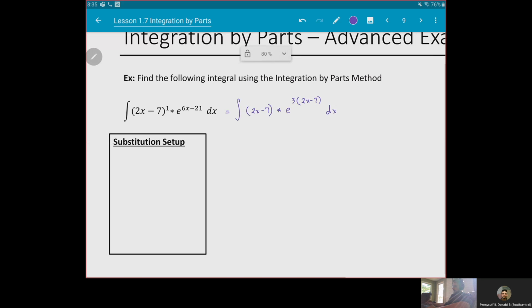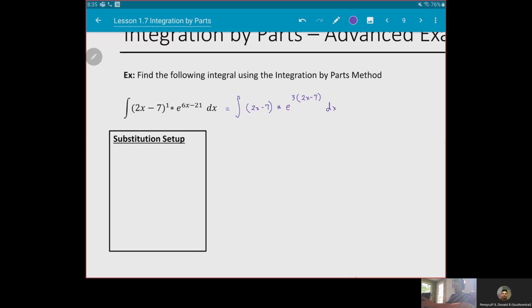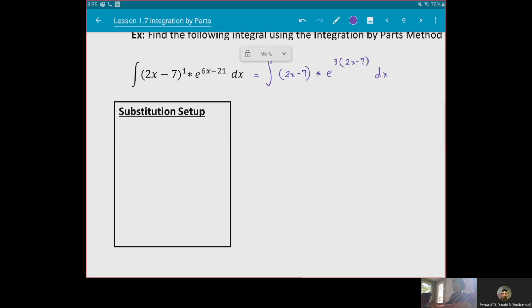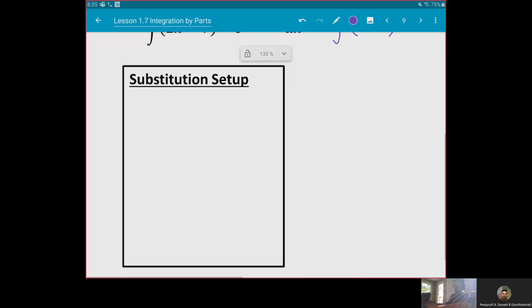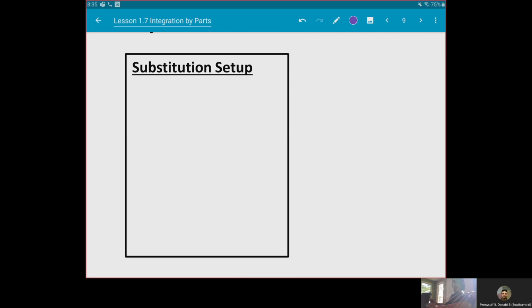Now, I am going to get rid of not the exponent itself, like we did with the substitution method. I am just going to get rid of the inside of the parenthesis, and that's it. So I'm going to choose a new letter. R equals 2x minus 7, so R prime is equal to 2.